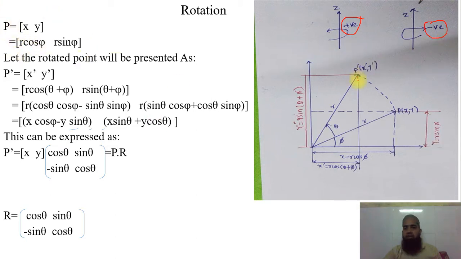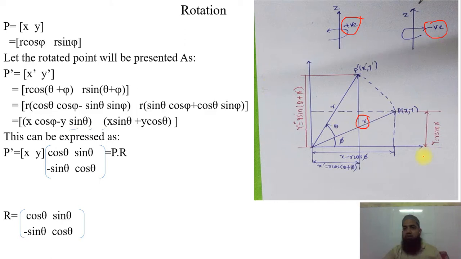I have selected a point called P, x comma y, and I have to rotate this point P from here to here by the angle theta. At first, this point is already at some angle phi, and its distance from the origin is r. So r will be the same, only the angle will change. Here the angle is phi, here the angle is theta.